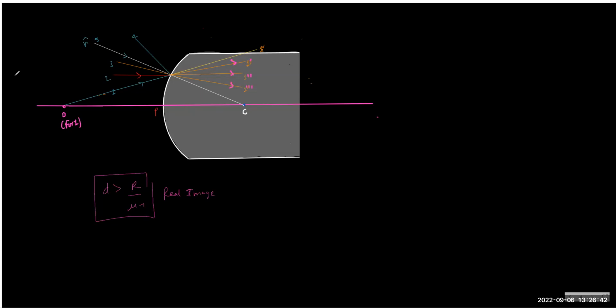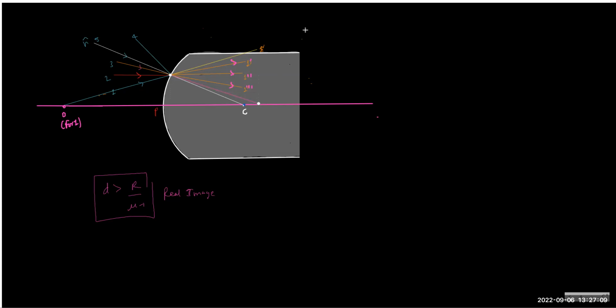Coming to 3. Now 3 will have no choice. 3 itself is coming downward, right? And after bending towards the normal, it will be anyway downward. So 3 is coming already like this. If it bends towards the normal, it is anyway towards the principal axis only.